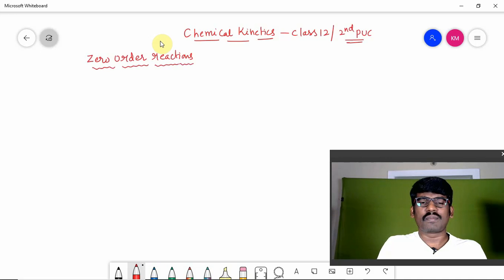There are different types of reactions based on order. Among them, one is zero order reactions. What are zero order reactions?